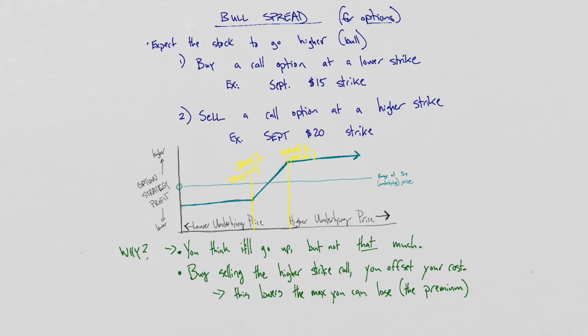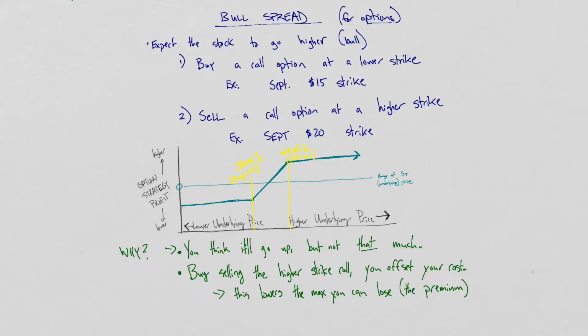And the way it makes you money is that you think it'll go up. So you think it'll go above 15, so that if this is a call that you're buying, the spot minus the strike, the underlying minus the strike, if that is above zero, you get the maximum of it. So if the underlying goes above the strike here of 15, then you'll make money.